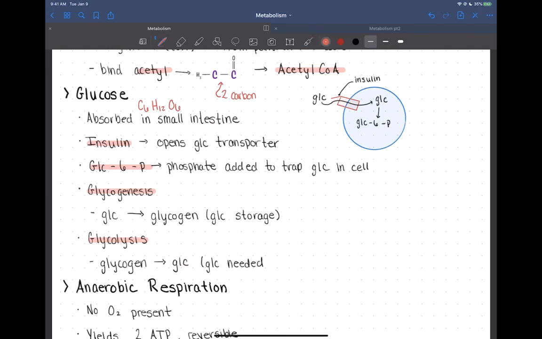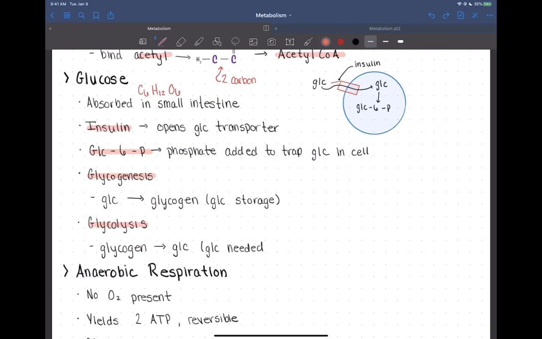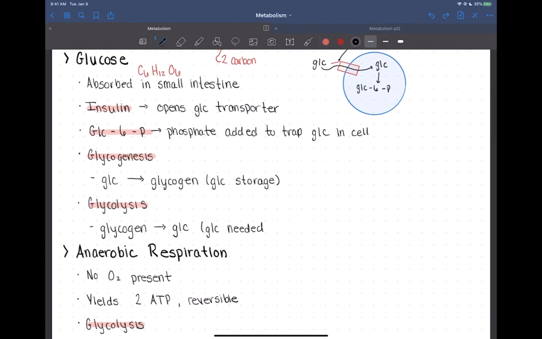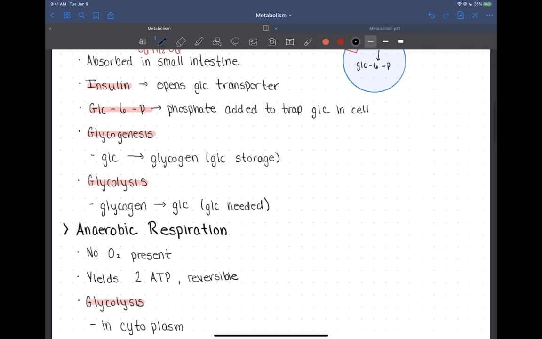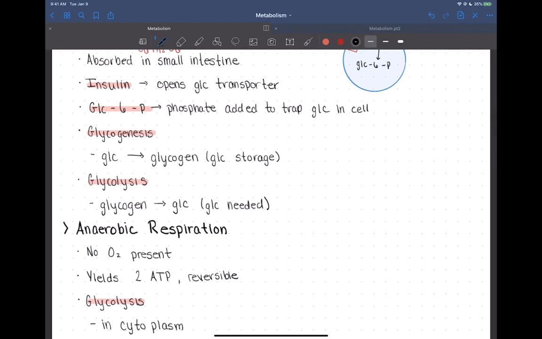Okay, and once that glucose is in the cell, it can be converted into glycogen. That process is called glycogenesis, making glucose into glycogen. And then when your cell needs that glucose for some purpose, it can break down that glycogen. That's called glycolysis. No, hold on, I didn't think that was the right word. It's not glycolysis, it's glycogenolysis.